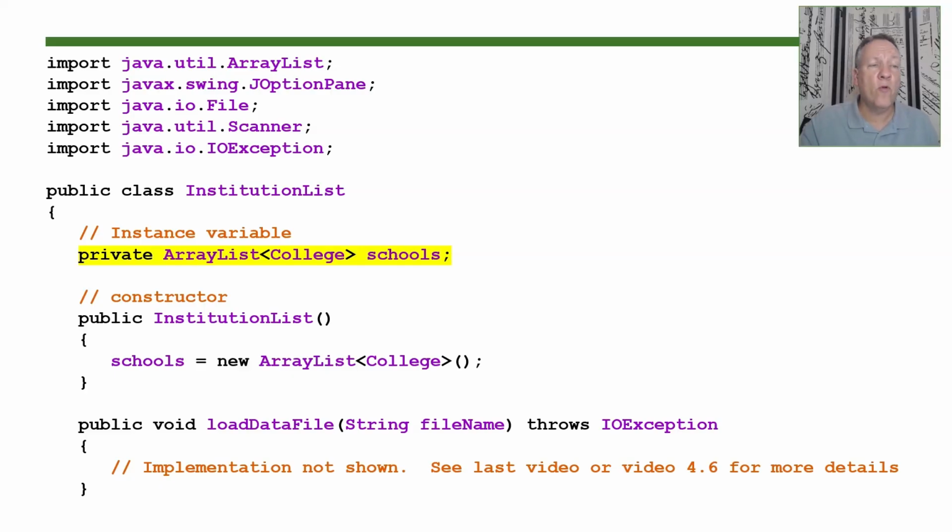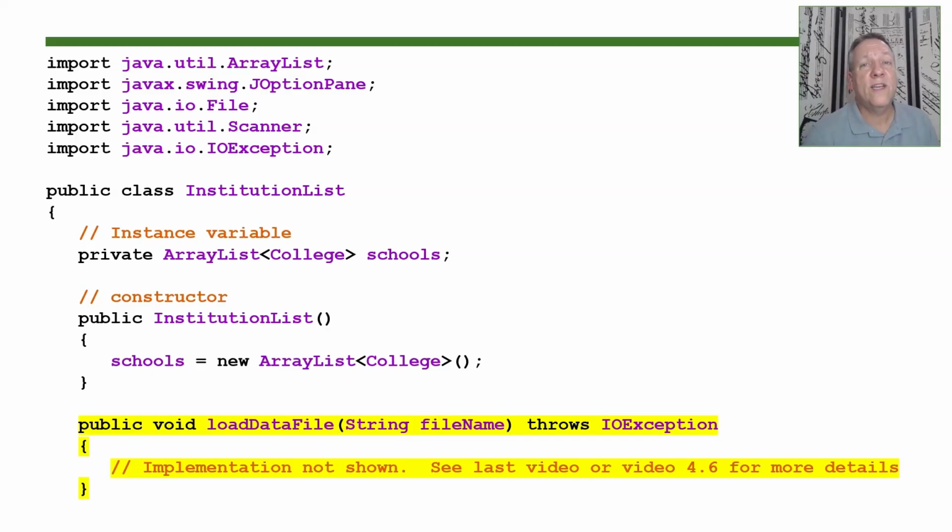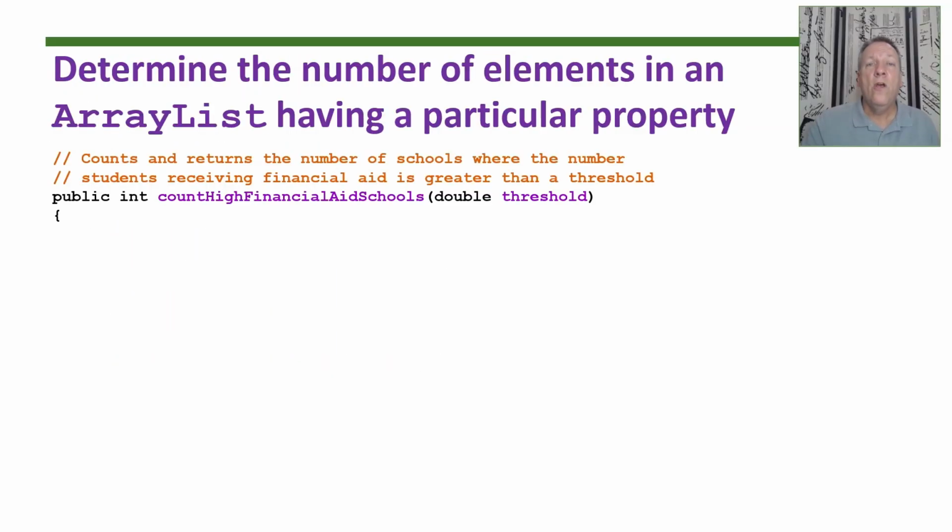And this is the same program that we looked at in our last video. We have a constructor where we initialize our instance variable by constructing a new array list. And then we have a load data file method. Now, we looked at this in the last video and in video 4.6, which gave us a lot of information about reading from a file and how we can construct our objects from that file data. We're not going to look at it in this video. So let's go ahead and jump in and look at our algorithm methods that we're going to write.